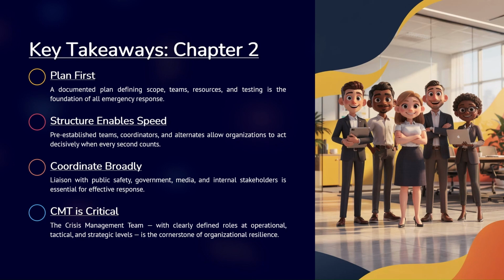Coordination is critical. Liaison with emergency responders, government authorities, internal stakeholders, and media ensures a unified and well-managed response. Finally, crisis management teams are central to managing complex events that go beyond routine incidents. Their ability to provide leadership, coordination, and strategic direction is key to organizational resilience.